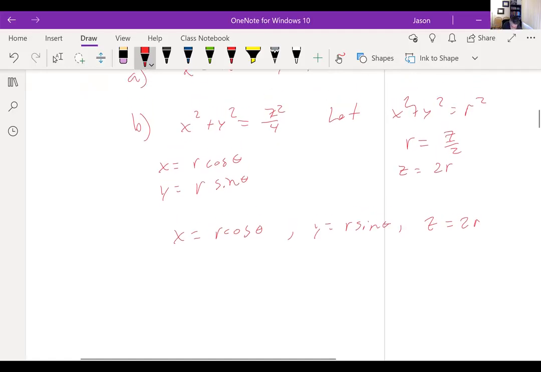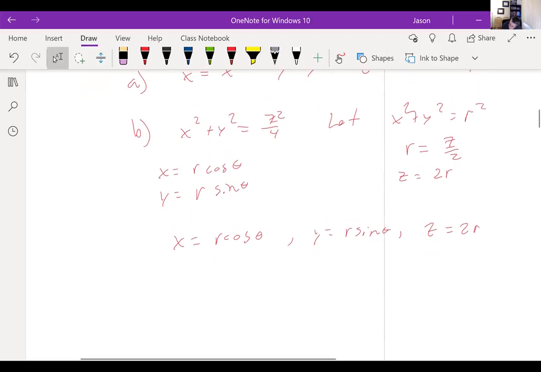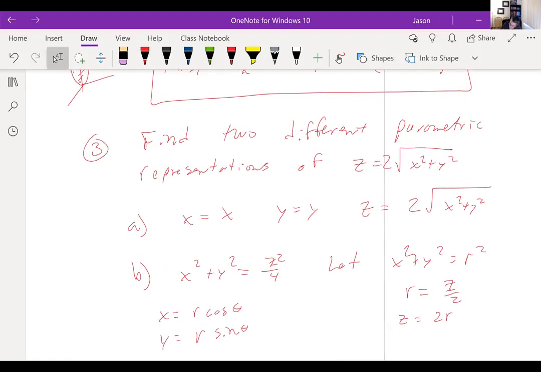Okay, if I wanted to write this as a vector valued function, I could say r of x, y is equal to xi plus yj plus 2 square root of x squared plus y squared k. So that's the first one.